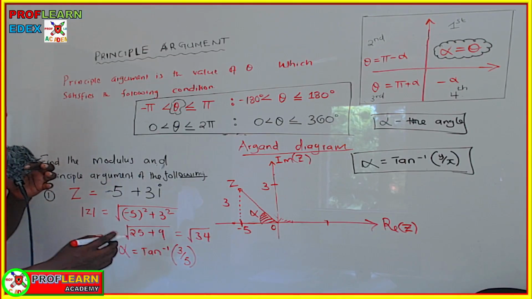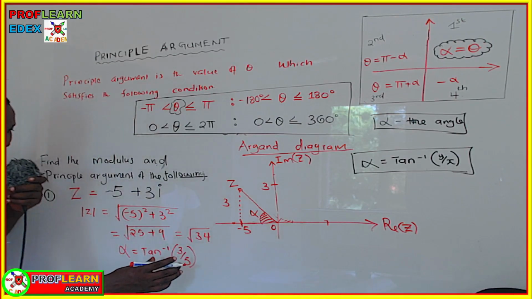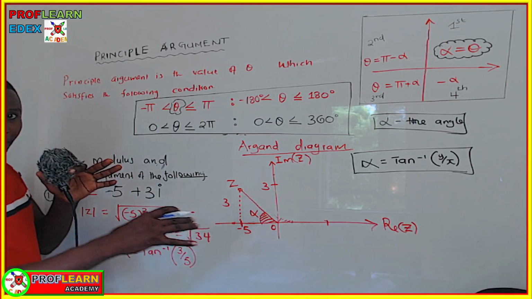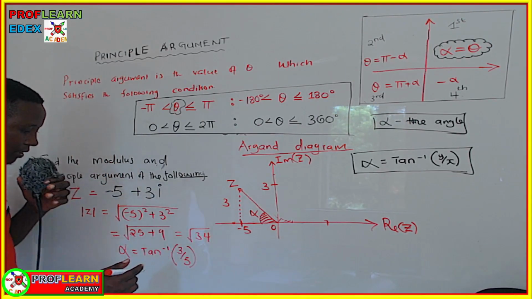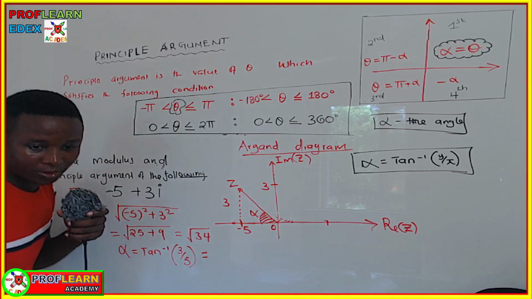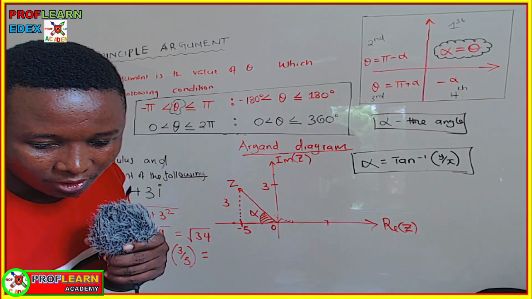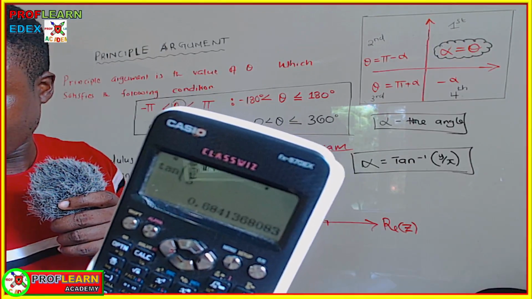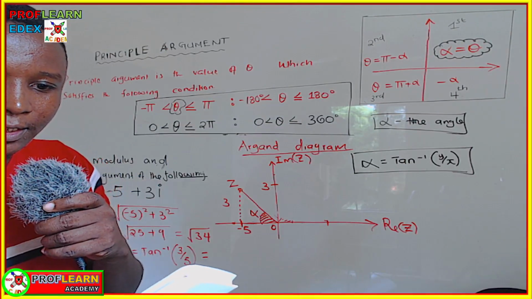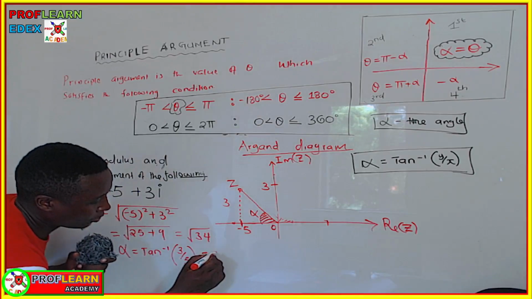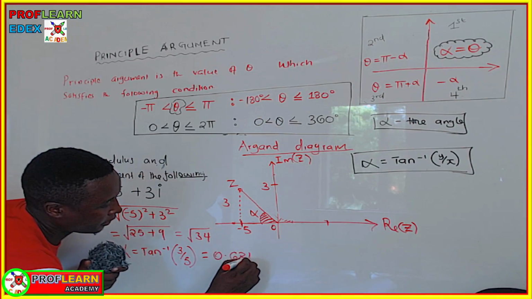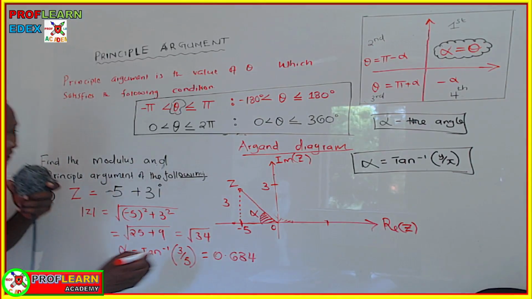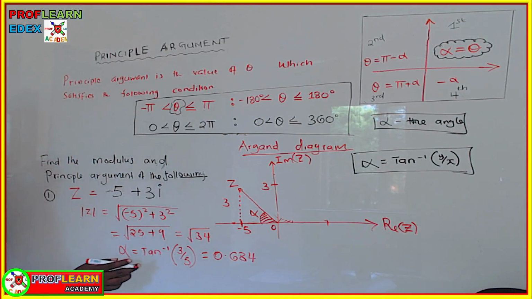You can ignore the sign, but you know exactly in which quadrant it is. If I work it out, the value I get is 0.684. Now, this is the value of alpha.